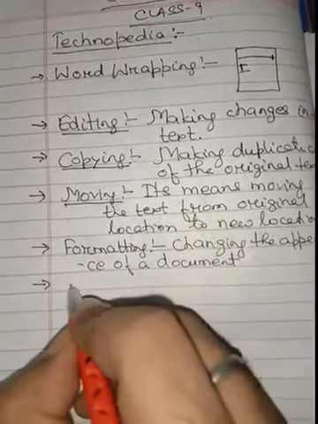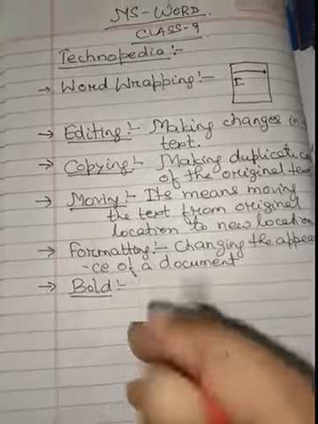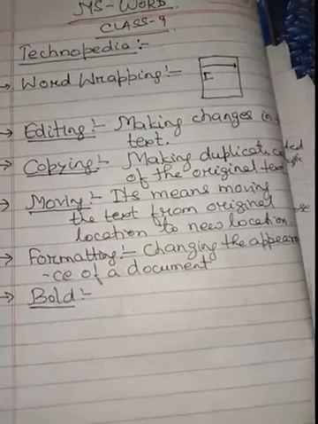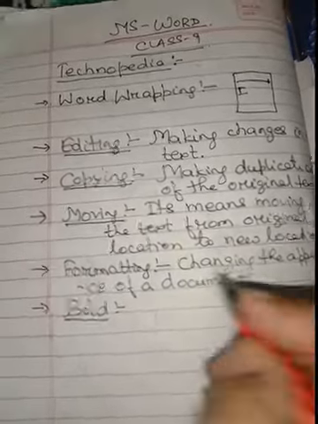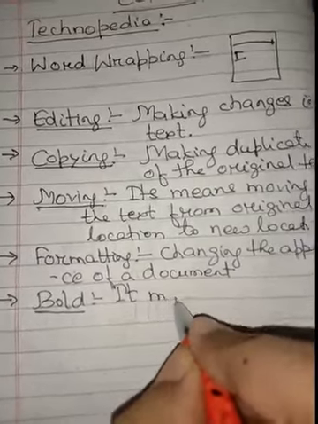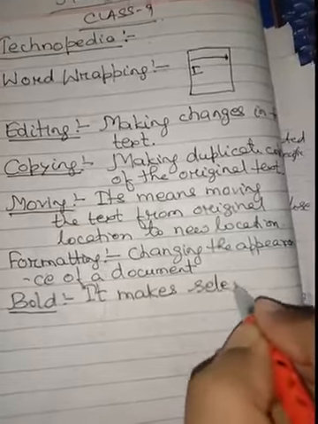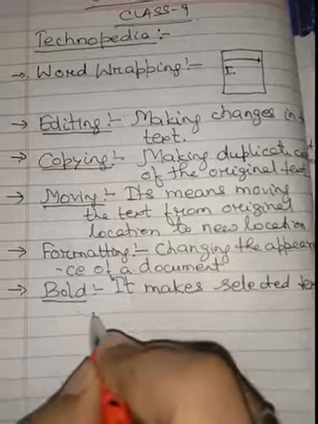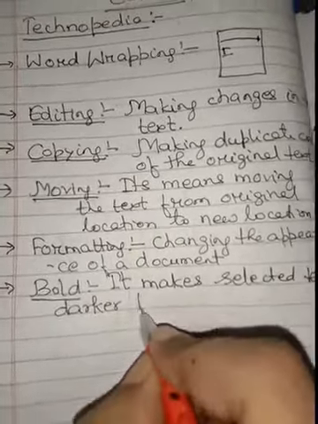Next we have the topic bold. So what is bold? We can say it is also one of the features of formatting options. So what does bold do? It makes the selected text in bold face, darker than normal text.